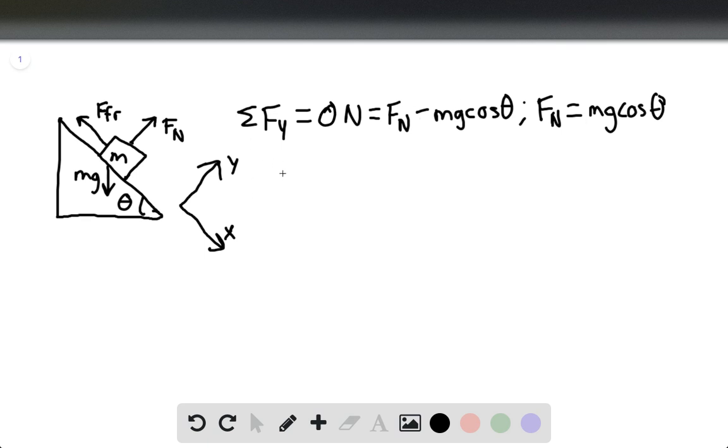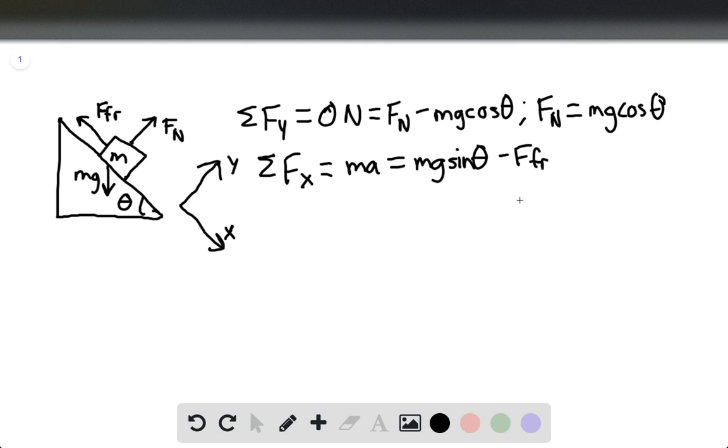We can apply this in the x direction and say that sigma Fx equals ma. And we can say that this is equaling the x component of gravity, so mg sine of theta, and then it'll be minus the force of friction.